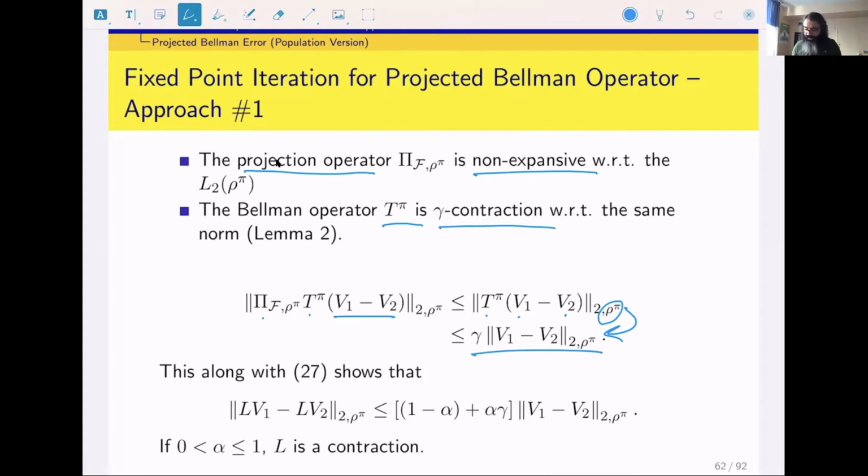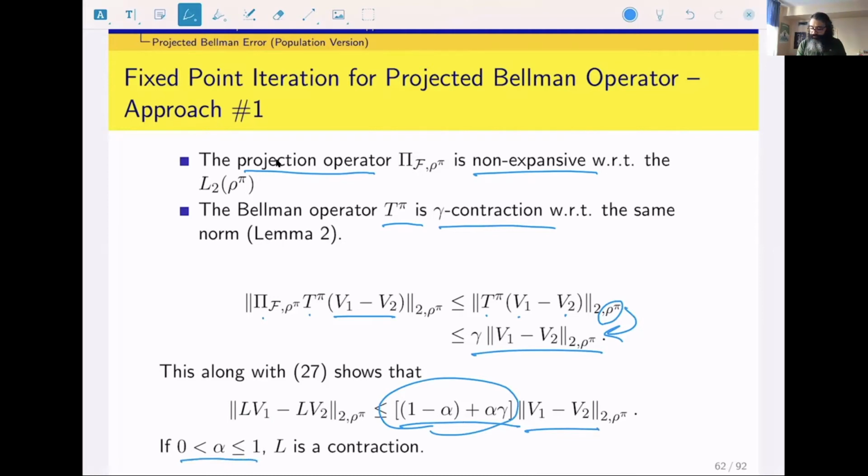If I combine these two together, I get that the norm of LV1 minus LV2 is at most (1 minus alpha plus alpha gamma) times the norm of V1 minus V2. So as long as this is smaller than 1, L is a contraction, and if alpha is between 0 and 1, that would be the case.